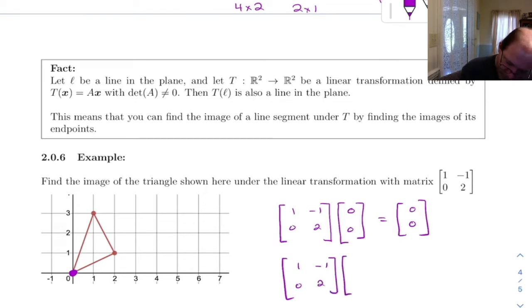All right, the next point, this point here is at 2, 1. So if you multiply it out, you get that times that, so that gives us 2 minus 1 is 1. And then if we do this times this, it gives us 2.